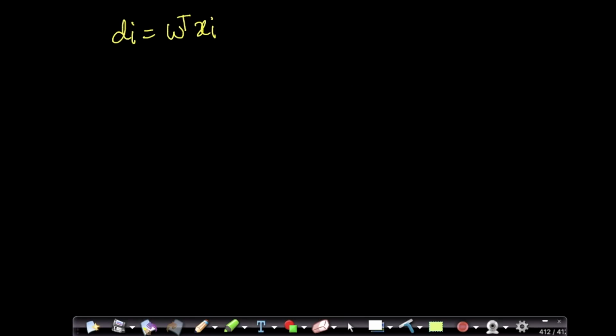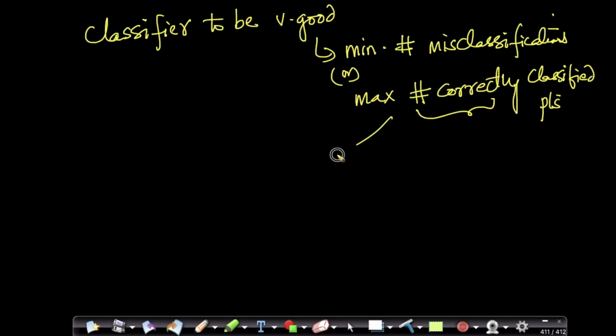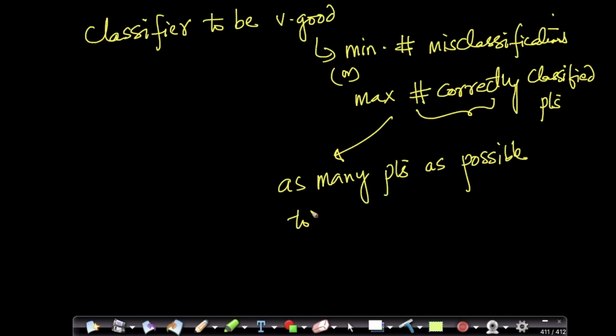So eventually, you want to maximize correctly classified points, which means you want as many points as possible to have yi w transpose xi greater than 0. You don't want it to be less than 0. Right? That's your whole task.